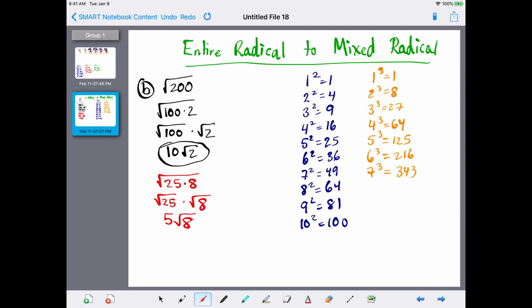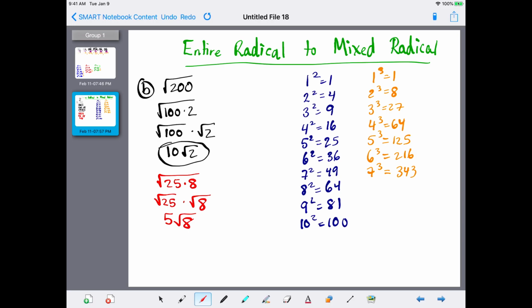Right, so 5 root 8 is also equivalent to the square root of 200. It's also equivalent to 10 root 2, but it's not as simplified as we can make it. So basically, you should always keep going until you can't break up the number underneath the radical into factors where one of them is a perfect square in this case.